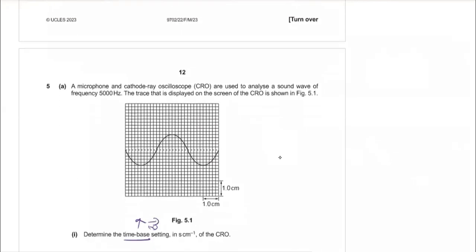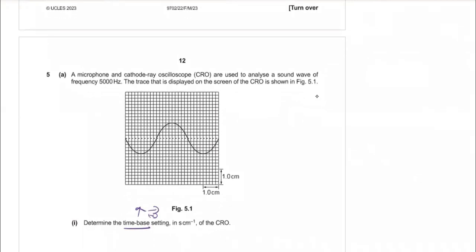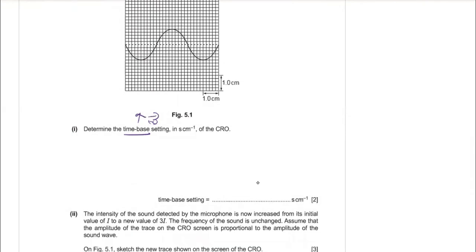We have been given a frequency here. With the frequency, we can find the time period. The time period is equal to 1 over frequency, that is 1 over 5000, which is equal to 2.0 times 10 power minus 4 seconds. So if we consider from here to here, that is 1 wave.